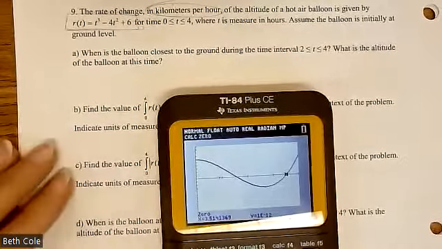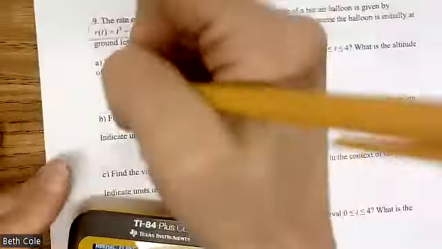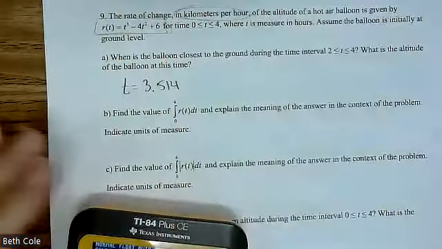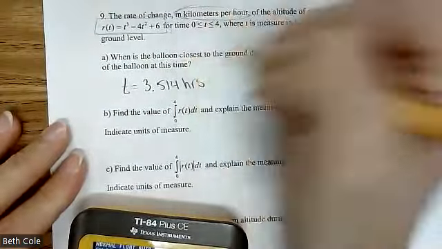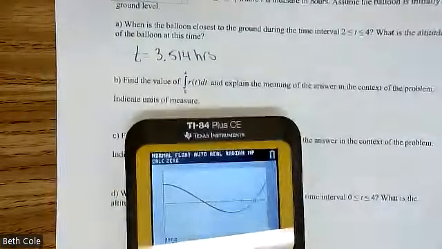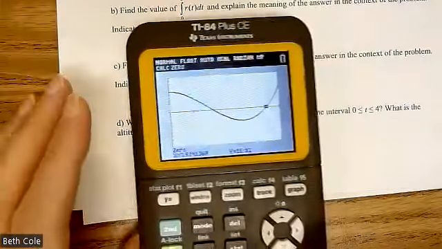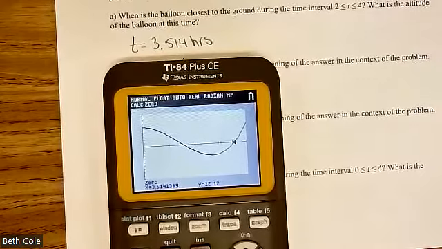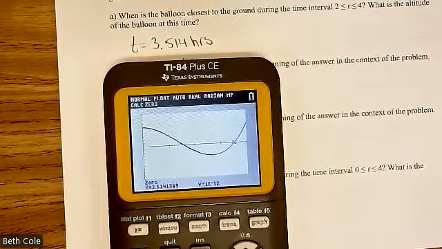All right, at what time are we closest to the ground? 3 point, yep. Yeah, you could write them all if you want to. Hours. Now, do you want to type all the decimals or do you want to store it? It'll work either way. Some people don't like storing, and so they'll type all the numbers, and that's fine too. It should be accurate enough if you type them all. Do you want to type them all or do you want to go through storing?